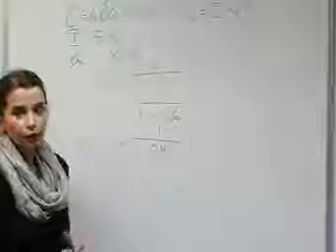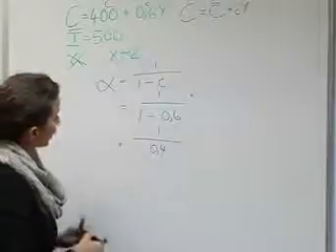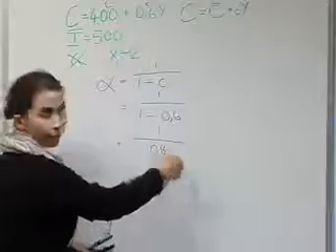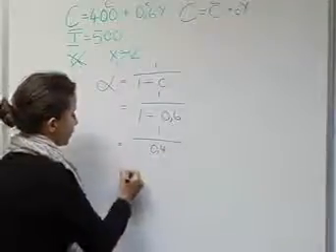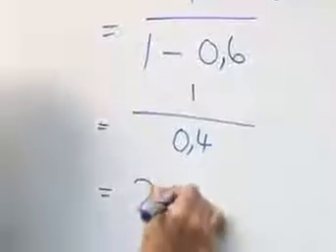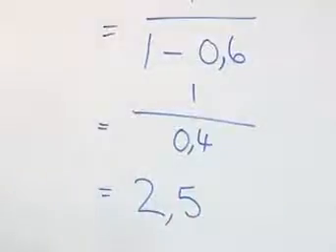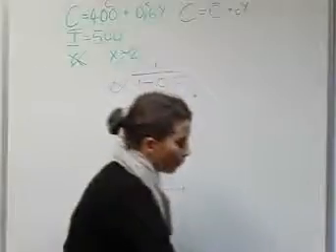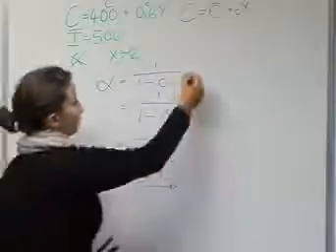Now, if you don't want to do this off your head, you can use your calculator. Just type in 1 divided by 0.4 and you'll get an answer of 2.5.